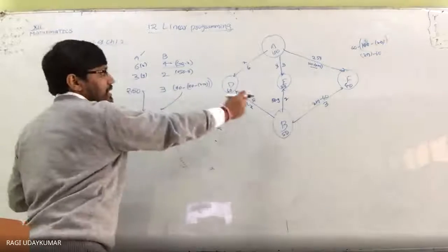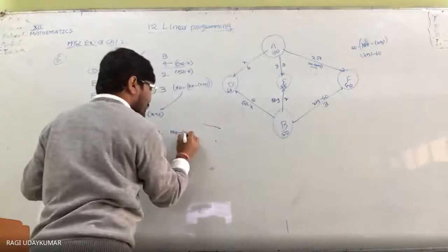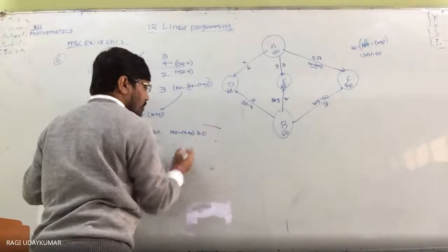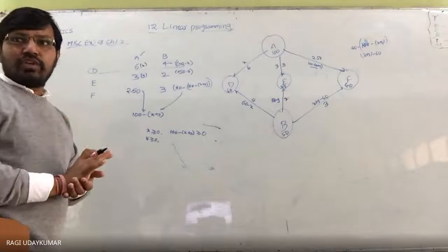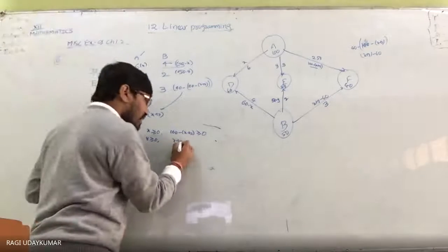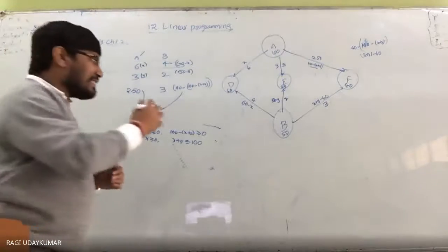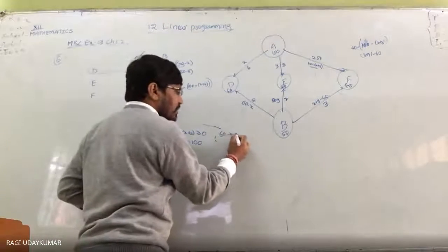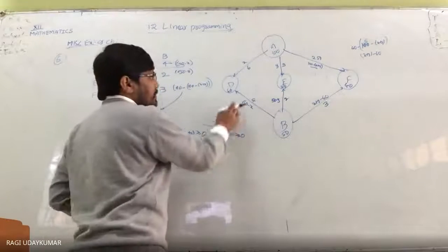And ये 100 minus x plus y should be greater than 0. So what do you get from this? X plus y is less than or equal to 100. And 60 minus x also greater than 0 होना है.